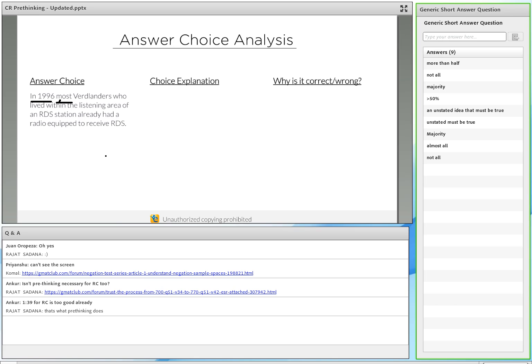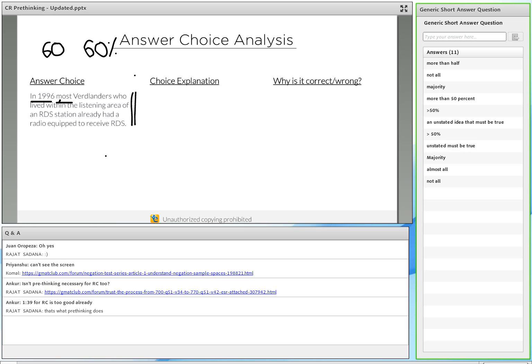So what this answer choice is saying is, in Worldland, let's call it V, more than 50%, so let's say 60%, of Worldlanders had already had a radio equipped to receive RDS. So essentially, since we know from the argument that the number of radios did not change a whole lot between 94 and 96, it's reasonable to say that even in 94, 60% of them had the RDS radio.